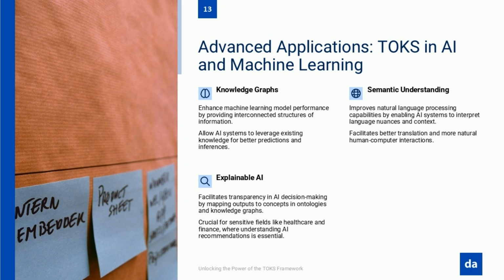In the realm of recommendation systems, TOKS is enabling more sophisticated and personalized suggestions. Traditional recommendation algorithms often rely on simple similarity metrics or collaborative filtering. TOKS-enhanced systems can leverage rich knowledge graphs to understand the deeper connections between items and user preferences.